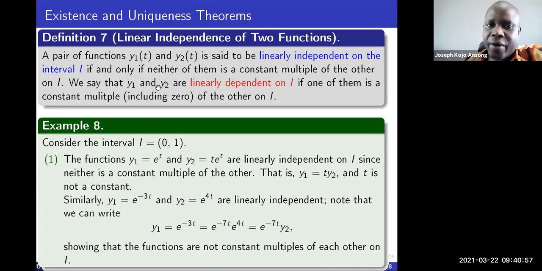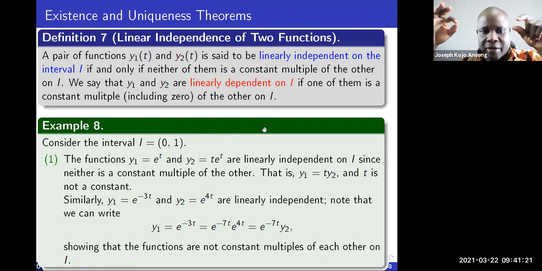We say that y1 and y2 are linearly dependent on the interval if one of them is a constant multiple. That constant multiple we are talking about here can be 0 of the other one. So we'll look at two examples of solutions that are linearly independent, and then two of those that are linearly dependent, just to make this clearer.